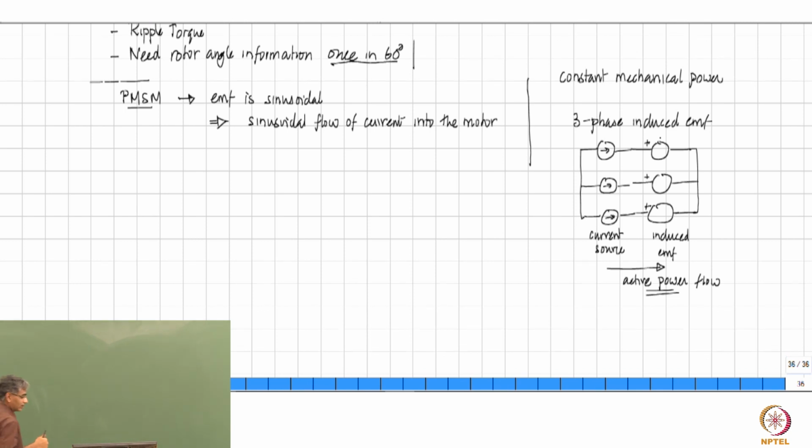But what we want is that the active power flow with respect to time should be constant. This is our desire, right?